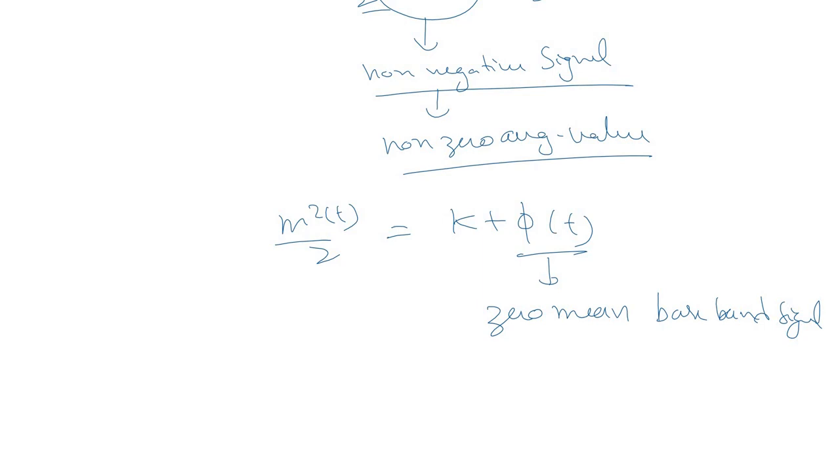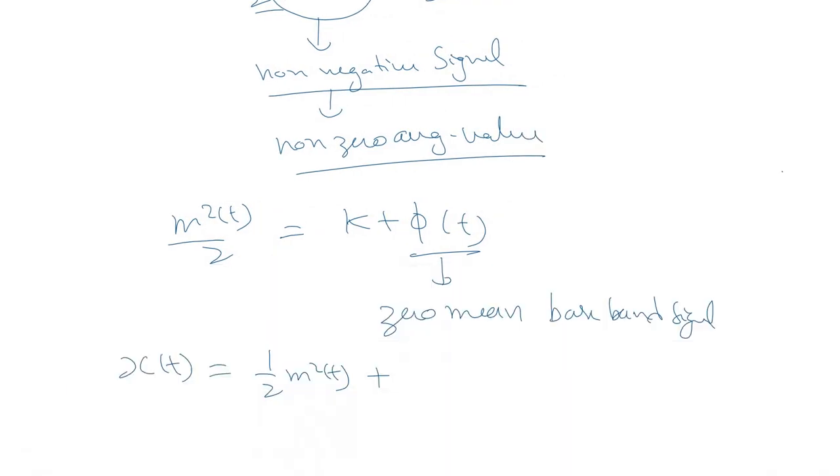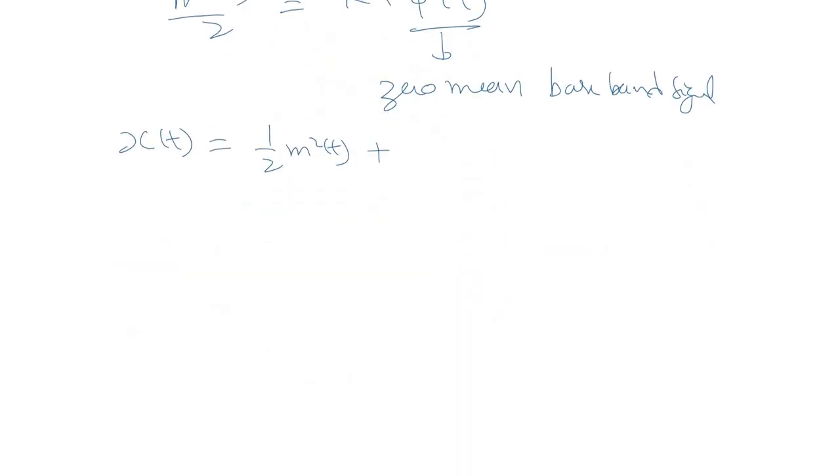So thus we can say that this x(t) is nothing but half of m²(t) plus k times cos 2ωct plus φ(t) into cos of 2ωct, isn't it?